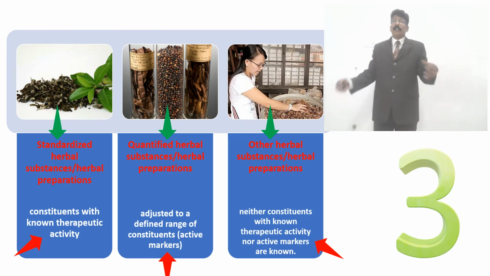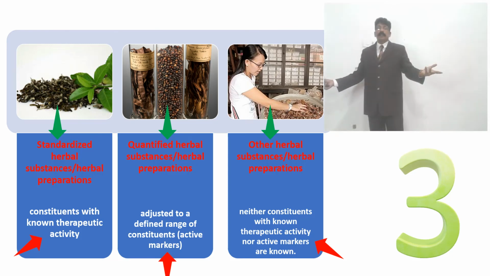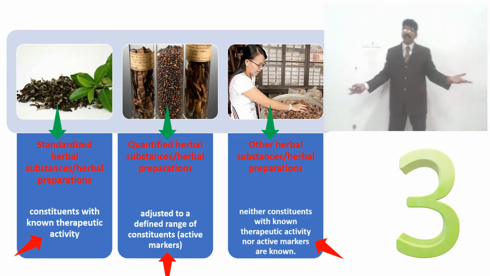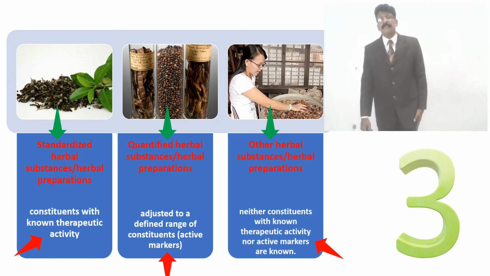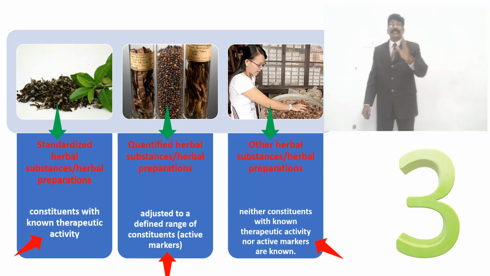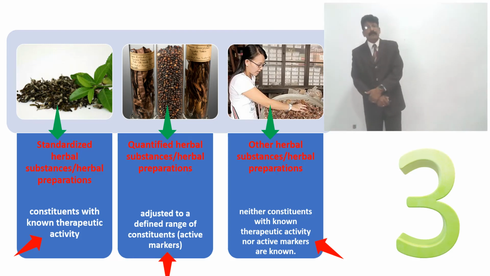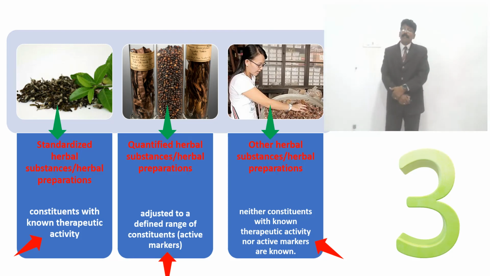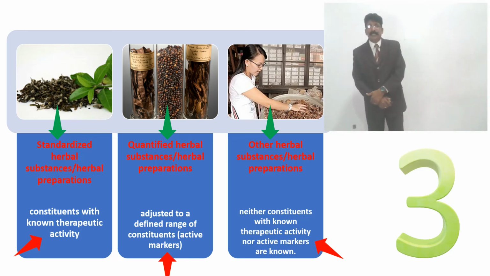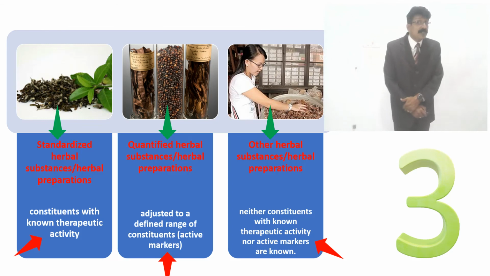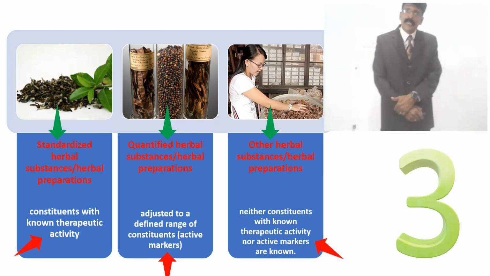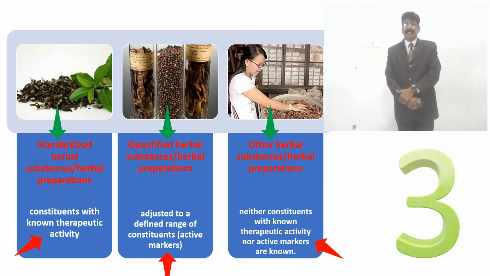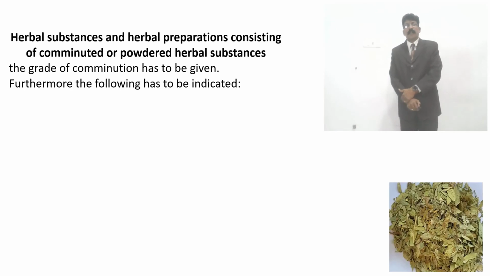So the active principle or the therapeutic activity is not known, but sometimes a combination of the drug can be prepared. These three categories have been differentiated by the European Union and ICH, the International Council for Harmonisation of Technical Requirements for Pharmaceuticals for Human Use.